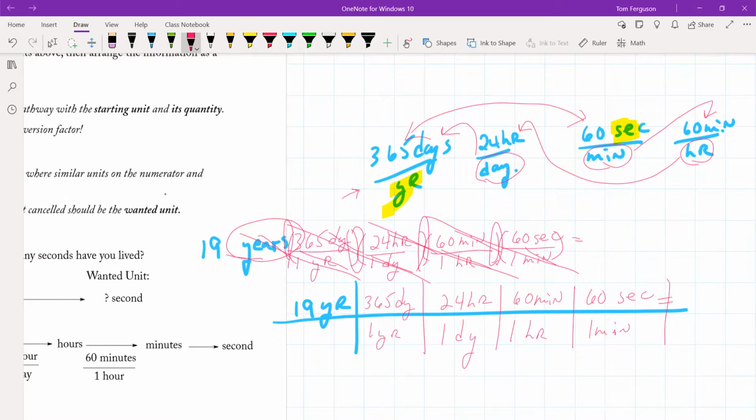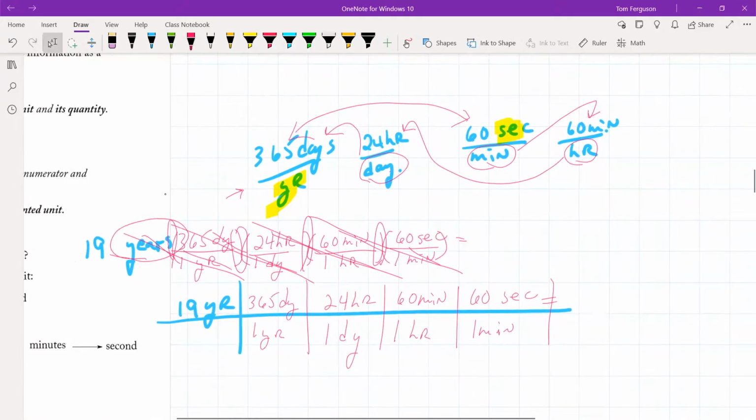60 times 60. Okay. All right. And this is what my calculator gives me. Now, 2 sig figs, these are all by definition.